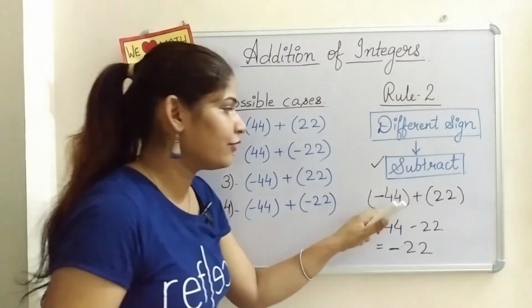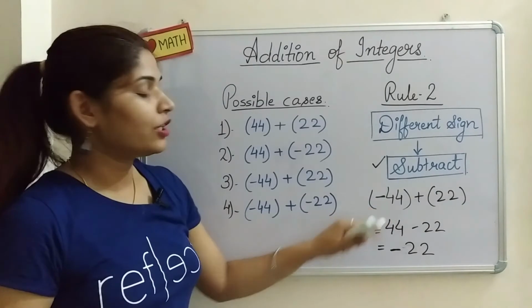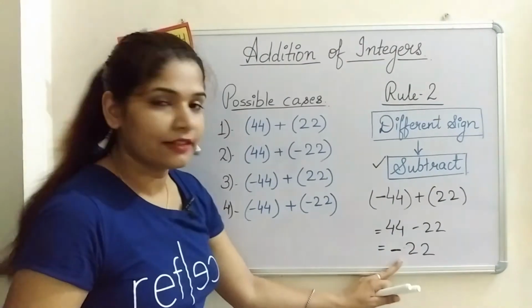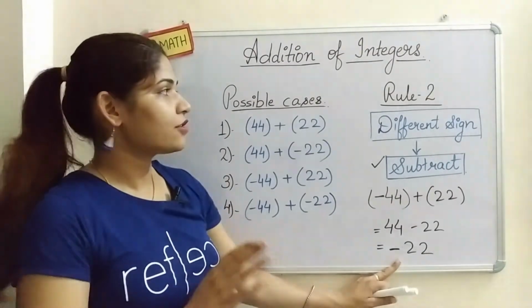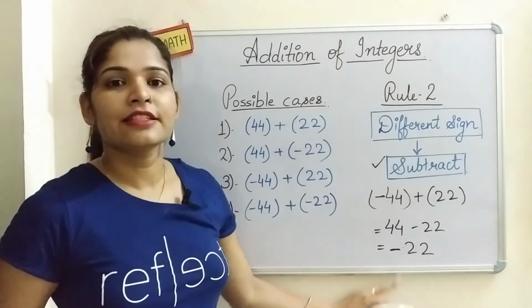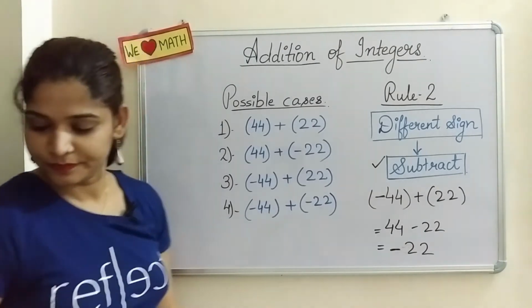Here we have 44 and 22. If we compare both numbers, 44 is the bigger one and it has the negative value, so the answer will be negative. Okay children, I hope you have understood all 4 possible cases and both the rules. Let us have some more examples for better understanding.